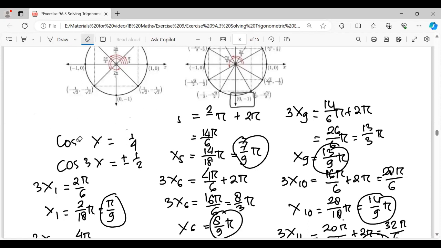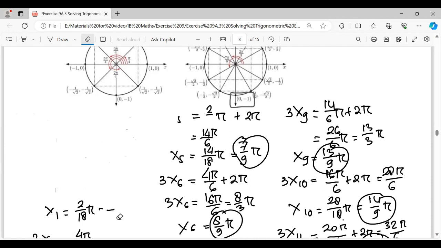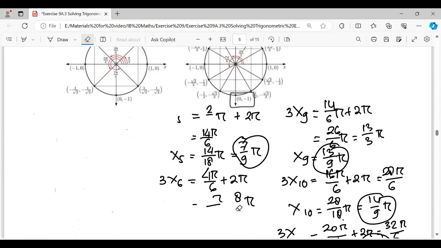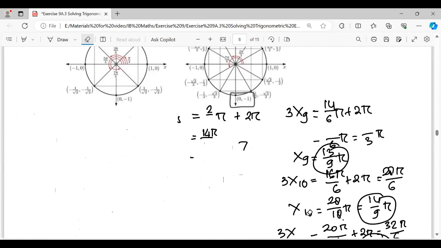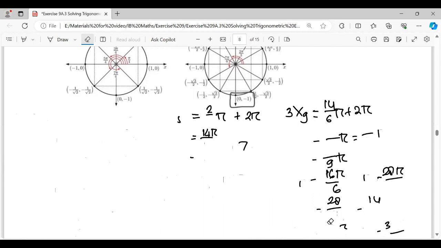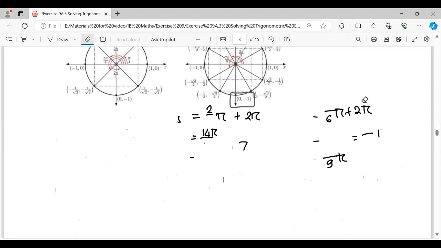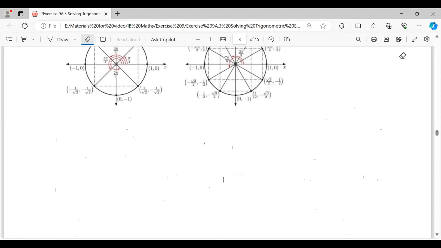I thought the area was enough for my solutions for this, but actually it's not enough. So I have to clean this first.